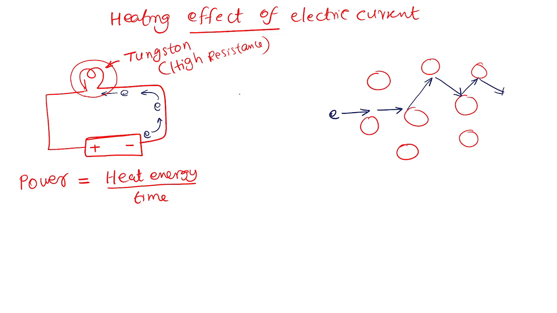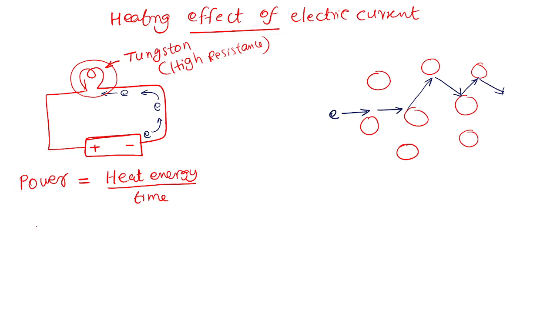For example, if you buy a 5-watt bulb from a shop, that indicates that in 1 second, the bulb produces 5 joules of heat energy. Understood? So power is defined as the heat energy developed divided by time.